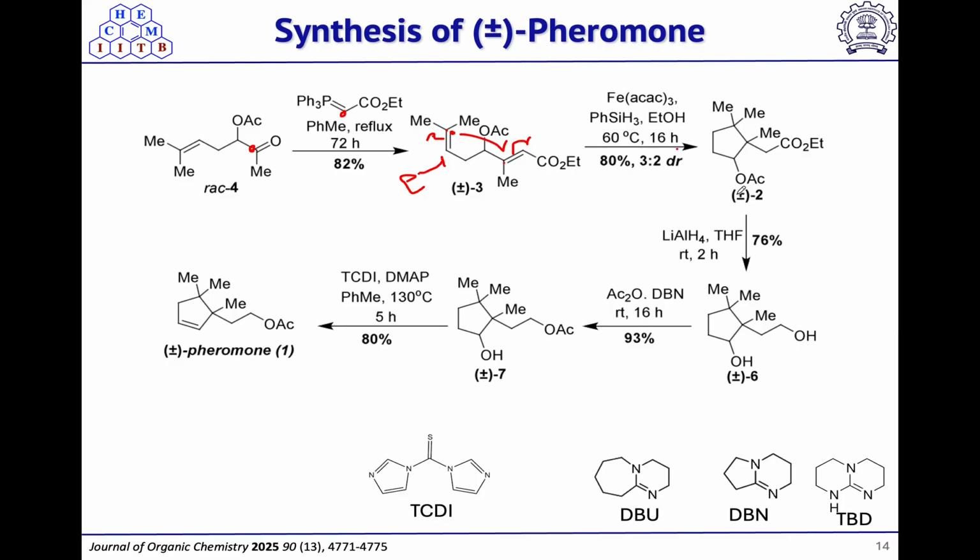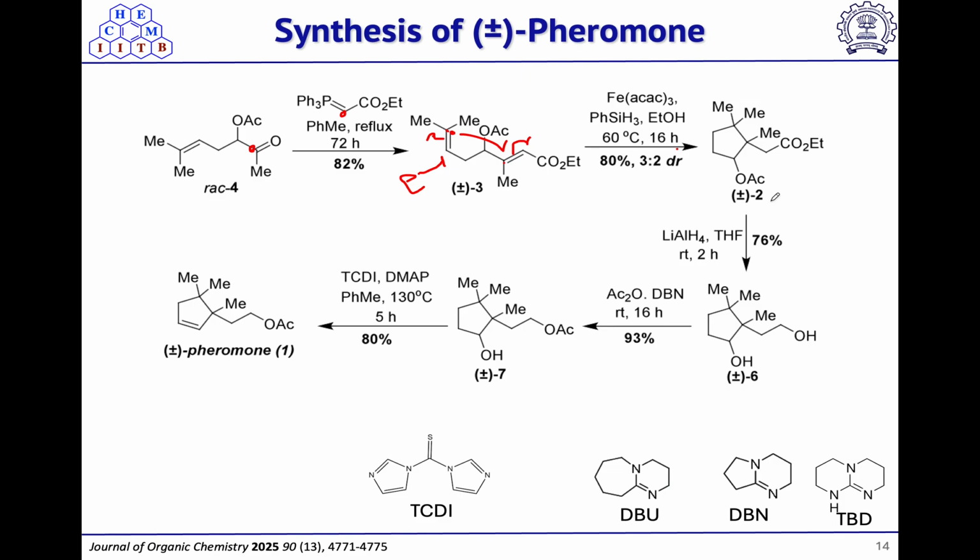Now come back to this again. This 3, we can now convert to 2 via this radical CC coupling reaction, this C and this C coupling. So after getting this plus minus 2, we are treating this compound with lithium aluminum hydride, the reducing agent.